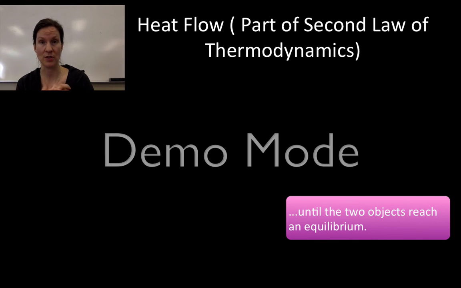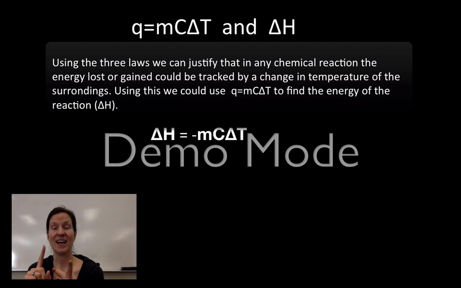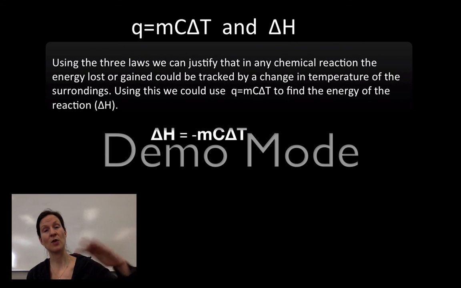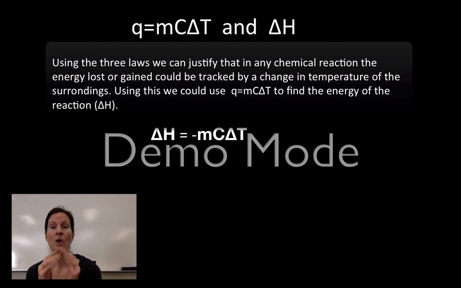It means equal temperatures. So if you combine the idea that if 2 things are equal and another 2 things are equal, they're all equal to one another in temperature, and the idea that energy lost by one thing has to be gained by another, and the idea that as energy flows, it goes from hot to cold until they're equal, we essentially can say that we can track delta H situations using Q equals MC delta T. So if I have a chemical reaction where there's a change in heat, and that heat is released into the surroundings, my surroundings are going to take that in, right?